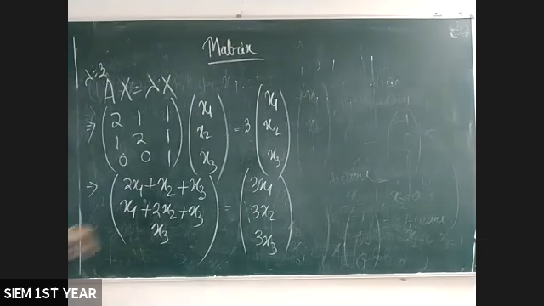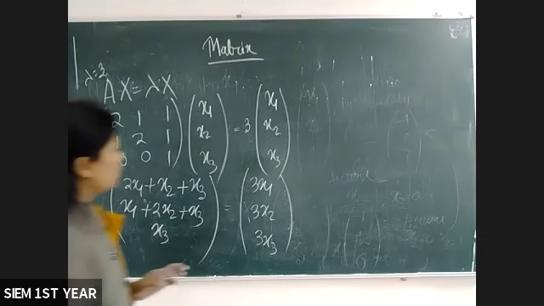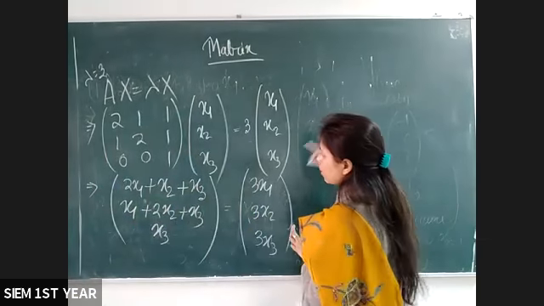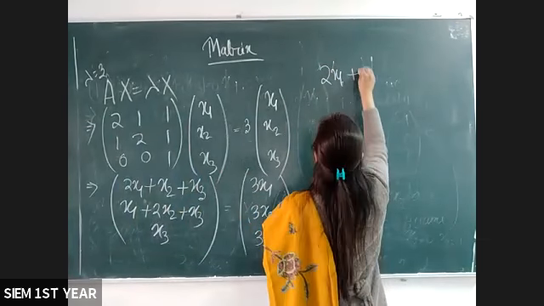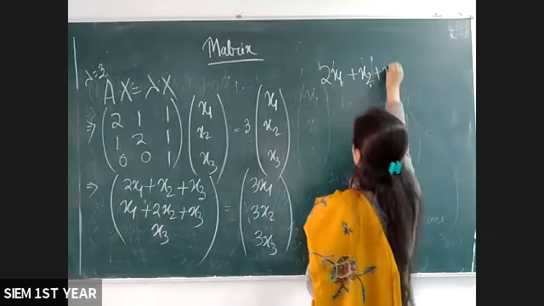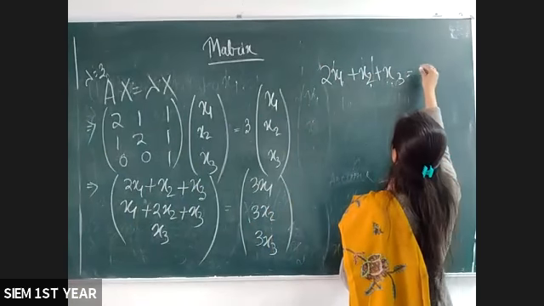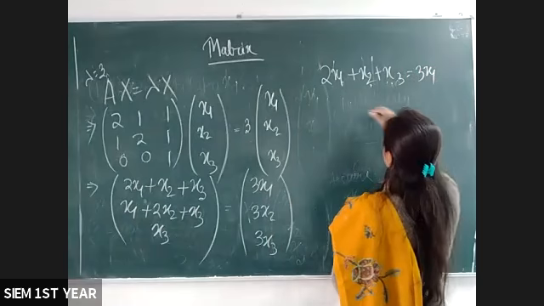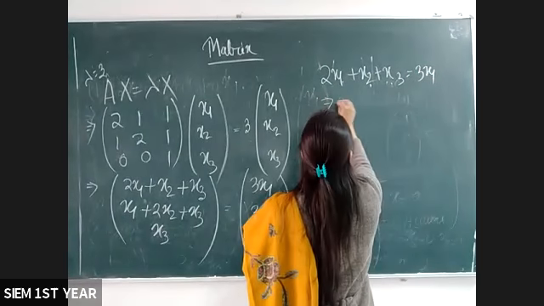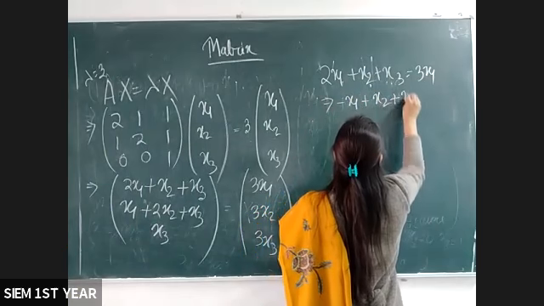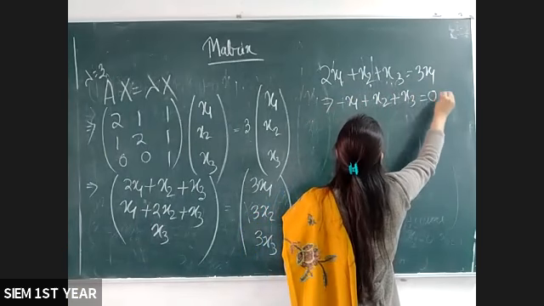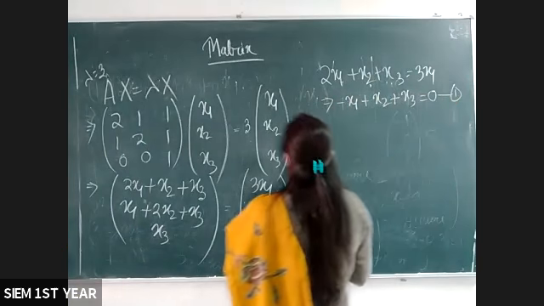Okay, now you have to just equate these two equations. So I am equating 2x1 plus x2 plus x3 is equal to 3x1. Means this is your minus x1 plus x2 plus x3. This is equal to 0, number 1 equation.